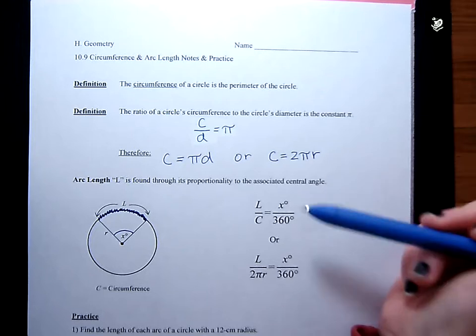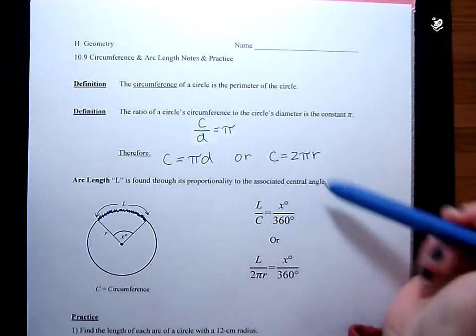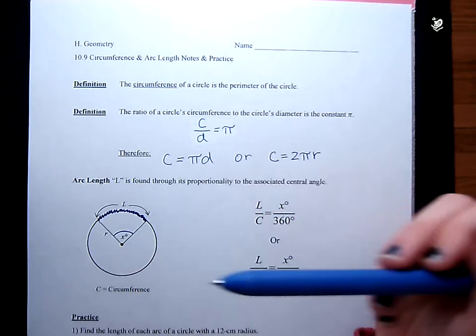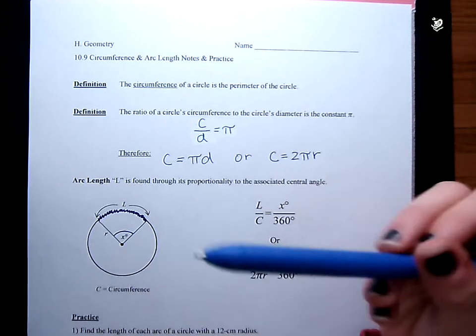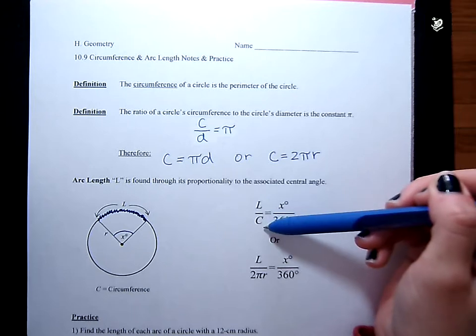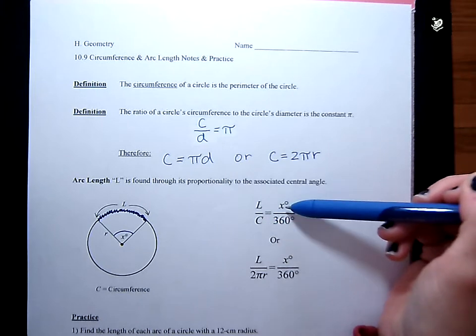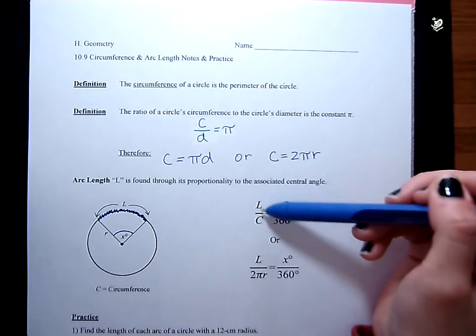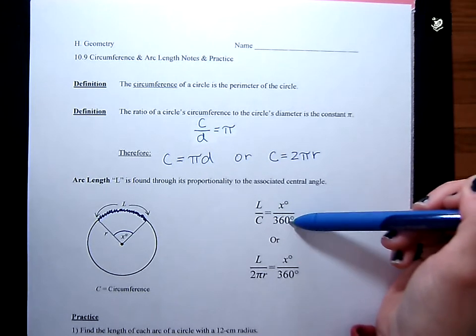So in our formula, we're actually going to create a proportion anytime we want to solve for arc length or a missing central angle or maybe the radius. So the length of the arc over the circumference will always equal the degree of the central angle over 360. So you can always think about it as length is to length, as degree is to degree.